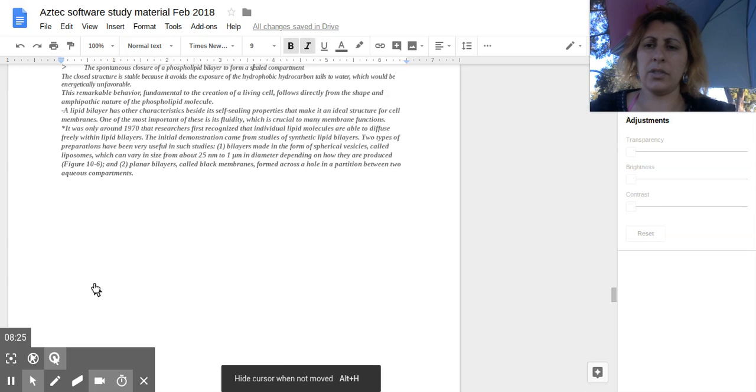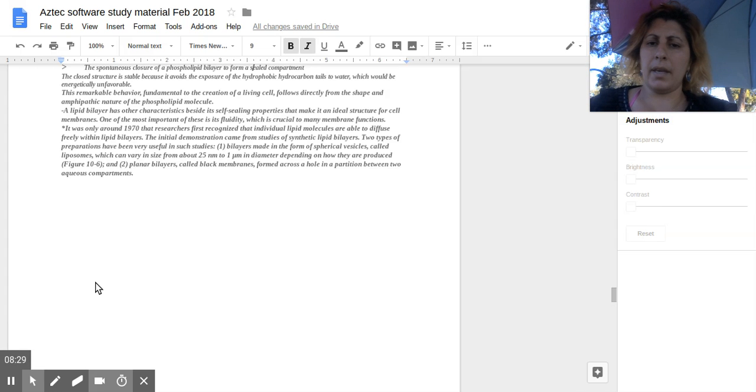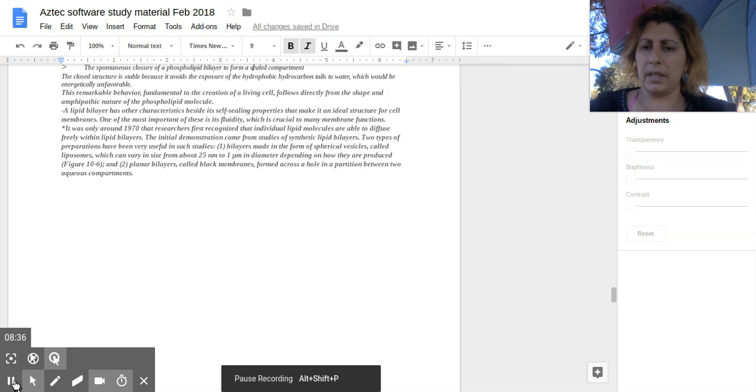So the membrane structure's functions are determined by the lipid bilayer and its amphipathic nature, and its fluidity is controlled as well.